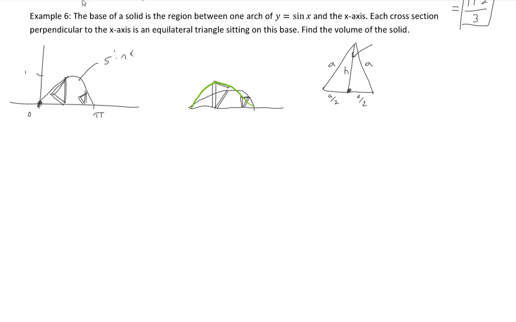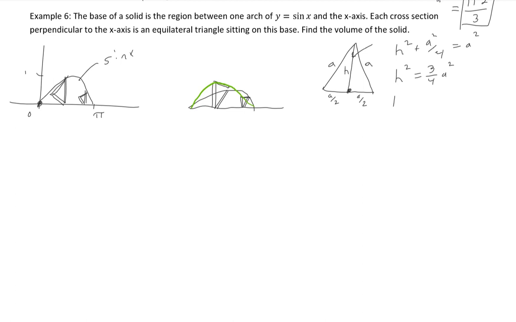If I call this h, I could say h squared plus a squared over 4 equals a squared. I can subtract that over, get h squared equals 3a squared over 4, or 3/4 a squared.